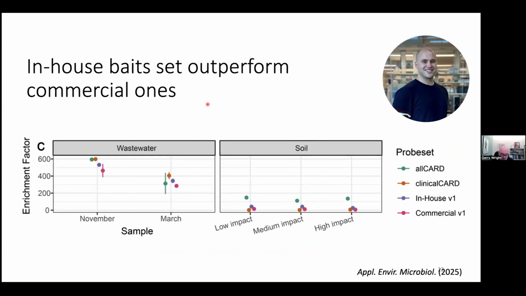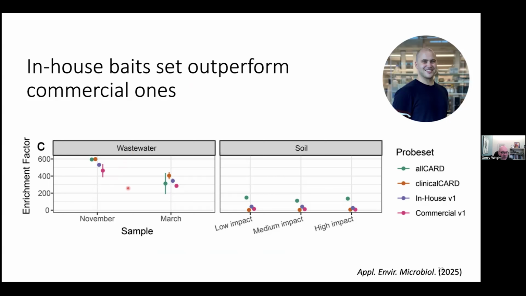This was just published in Applied and Environmental Microbiology two weeks ago. And our in-house baits, or when I say our, I mean Dirk's in-house baits, really outperform the commercial ones. We're looking at wastewater. Thank you, Lori, for getting us connected to this from Hamilton.